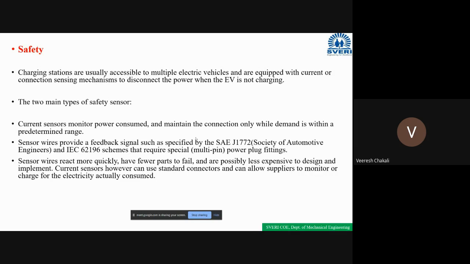If any one fault occurs at any point, it will disturb the other charging cars also, because all these are connected to the same line. The other cars will not be charged if any one circuit is faulty.